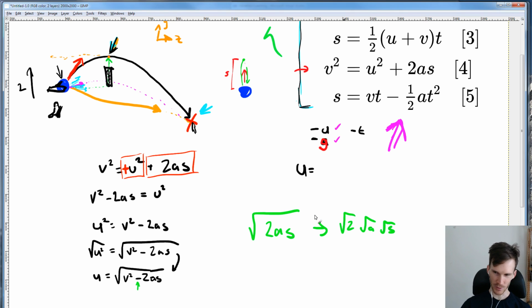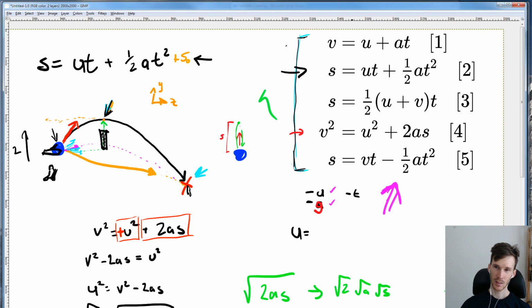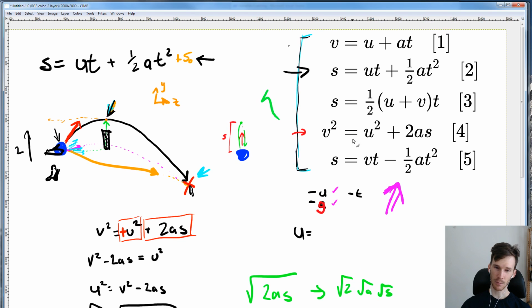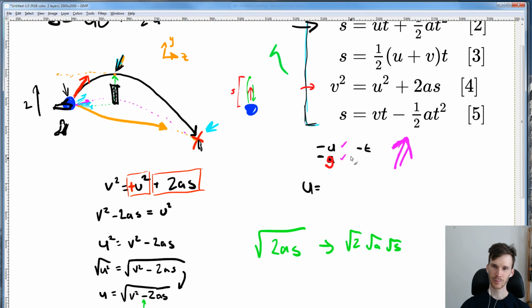What is v? v of t is at plus u. There is no v in... Oh, v is... So v of t. u is the initial velocity, and v is... I forget.